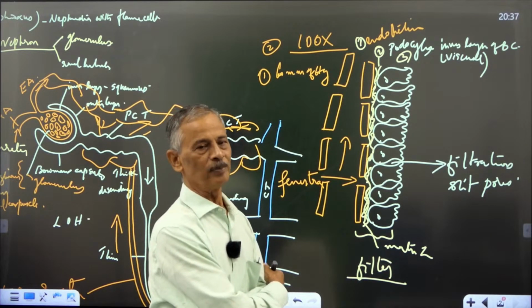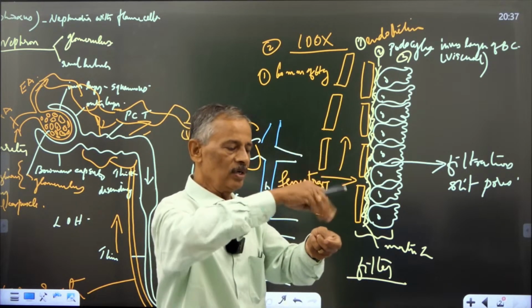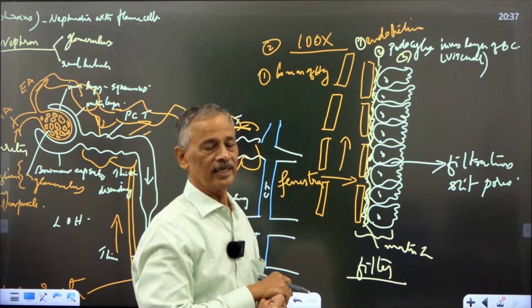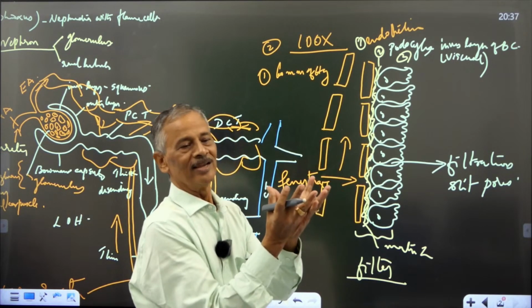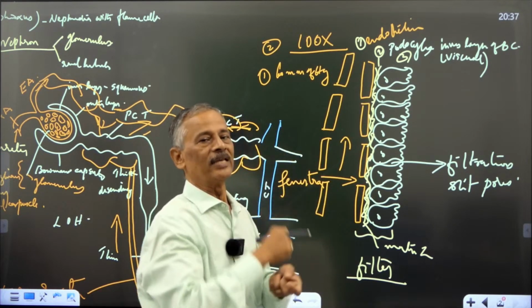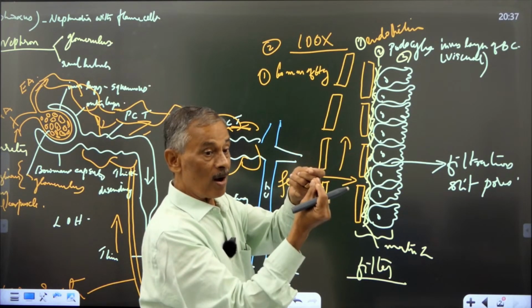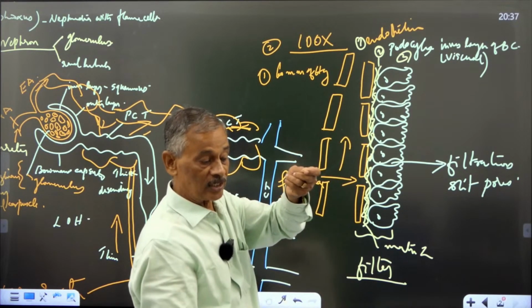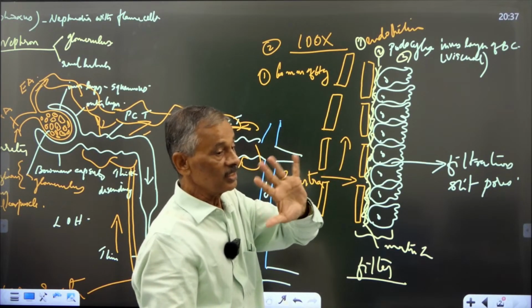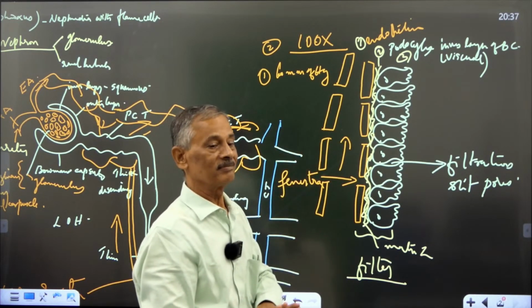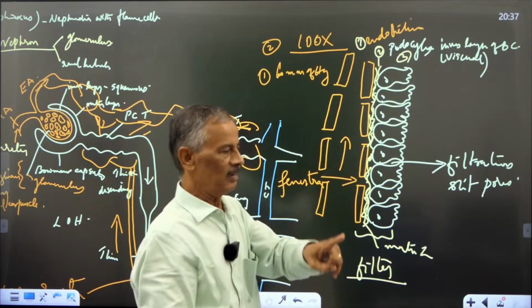See, when we are making tea, first of all, we pour the tea dust into a filter. Then we add water. Only the soluble part will come out through the filter. The large-sized tea leaves never come. Exactly like that.